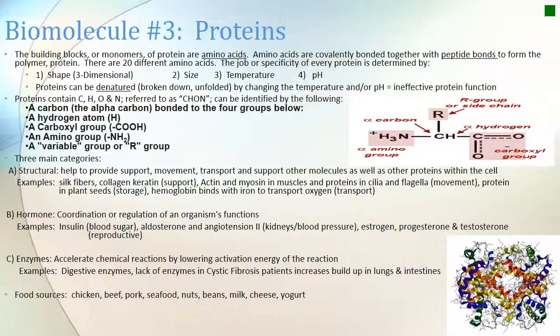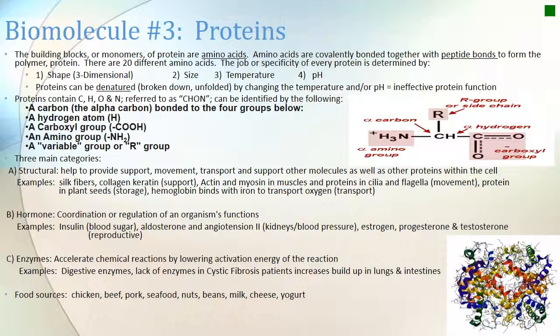So how can you recognize a protein? A protein consists of carbon, hydrogen, oxygen, and nitrogen. We refer to this as the acronym CHON. And the side picture here has a diagram.